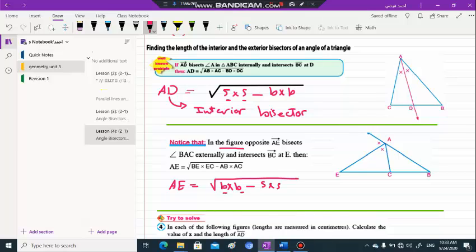We start with base. Why? Because E is outside the triangle ABC, so the base BE times EC is bigger than AB times AC. So we start with BE times EC minus AB times AC.